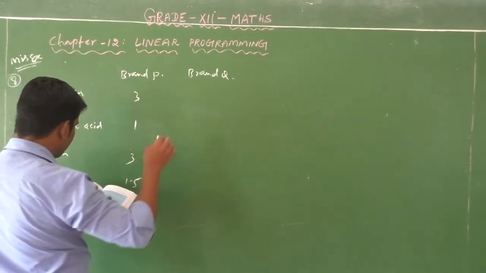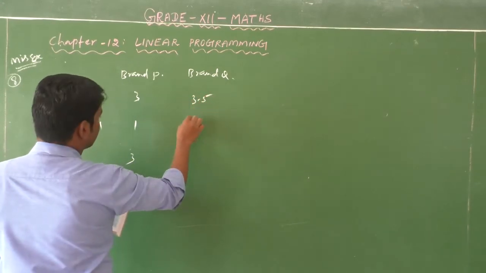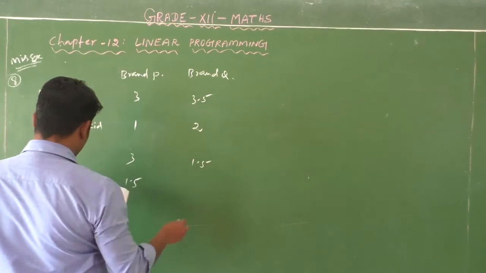And brand Q has nitrogen 3.5, phosphoric acid 2 kg, potash 1.5 and chlorine 2.